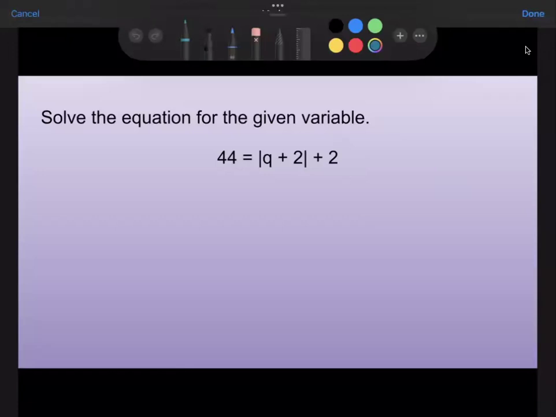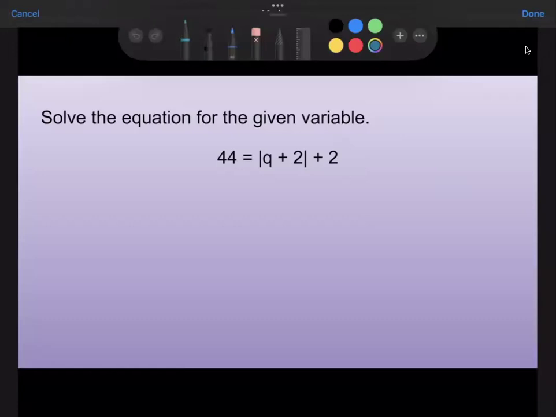Okay, here's our next example. So again, with an absolute value equation, the first thing you want to check for is that the absolute value and what's in between it is isolated. In this case, it is not, because on the right side of the equation, 44 equals absolute value of q plus 2 plus 2, you have a plus 2 outside the absolute value bars.